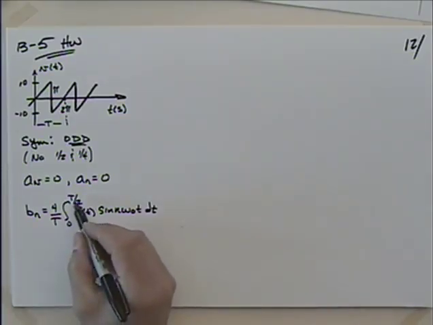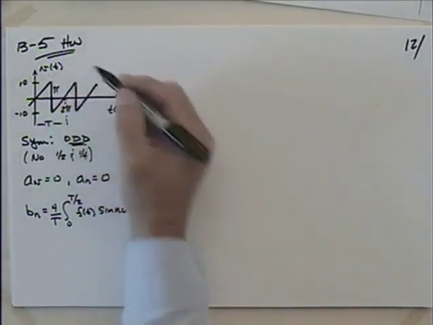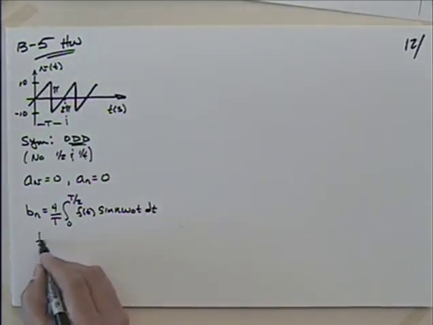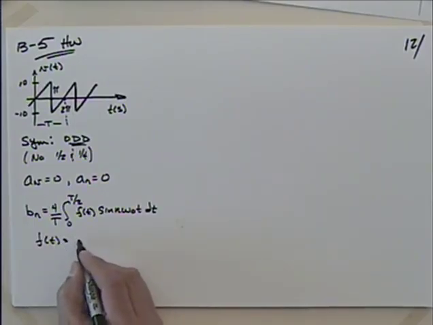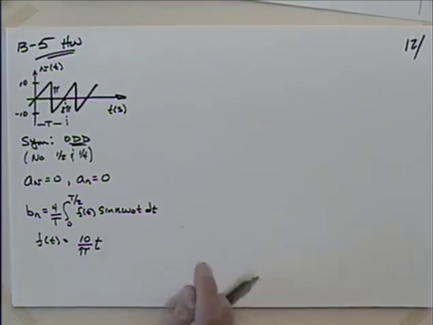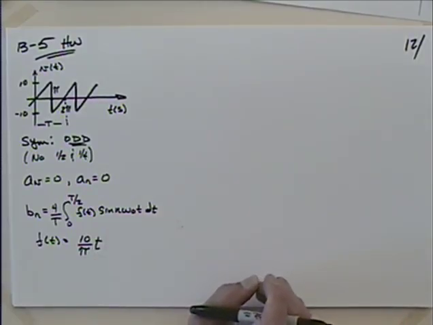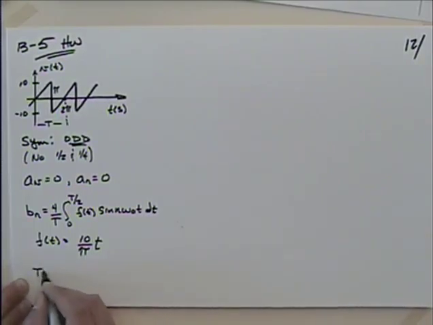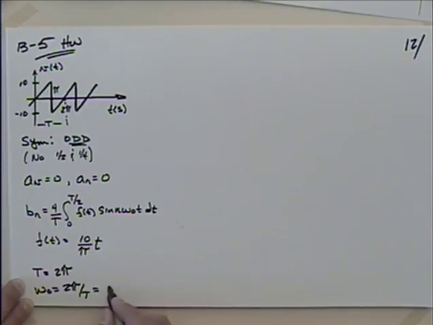Well, this is nice. I only have to go over half the period, right? There's half the period. That's pretty easy. So what's f of t? Going to have a rise of 10 over a run of pi times t, right? And while we're here, T is equal to 2 pi, so omega naught would be 2 pi divided by T, which gives me what? 1, right?